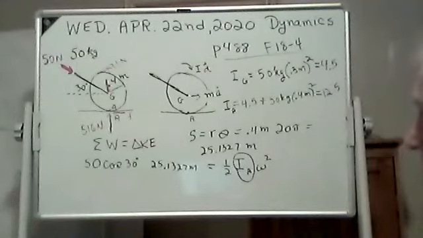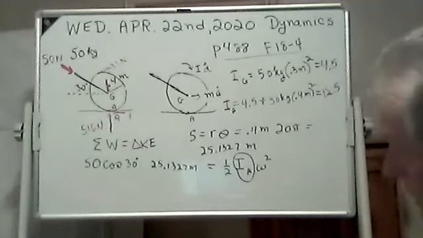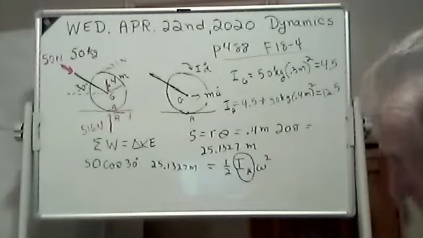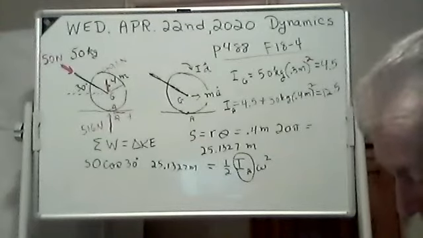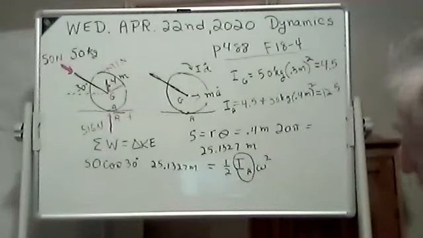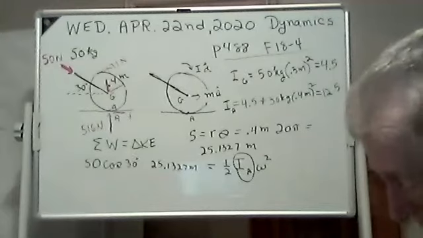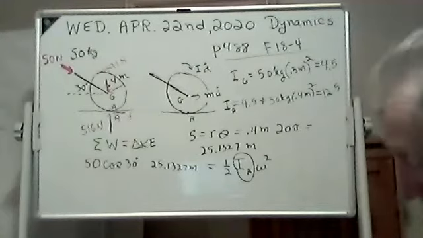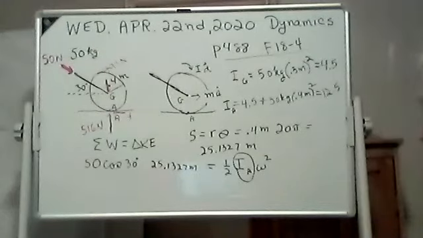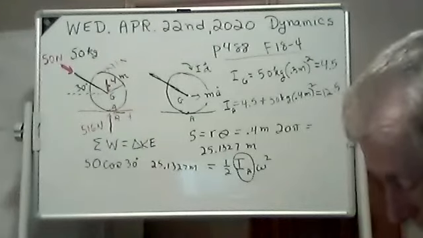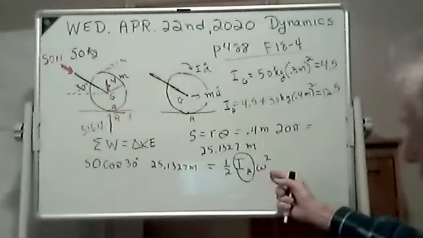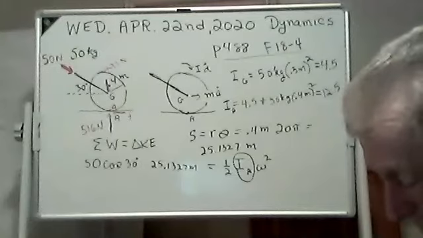Gee, I don't know. I got an answer, but it doesn't sound right. Let me do it again. 50 times cosine of 30 times 25.1327. Times 2 divided by 12 and a half. Oh, I forgot to take the square root. You've got to take the square root.